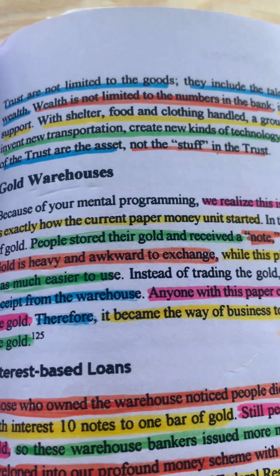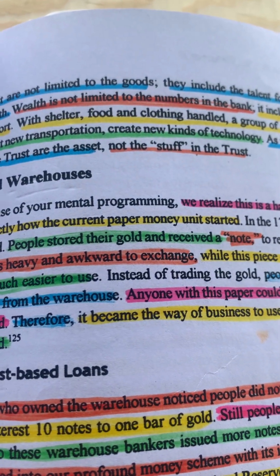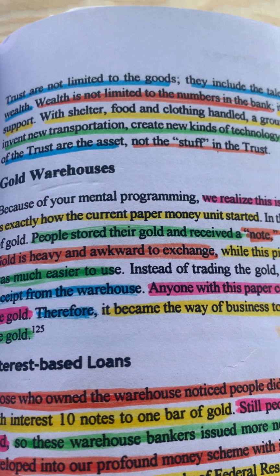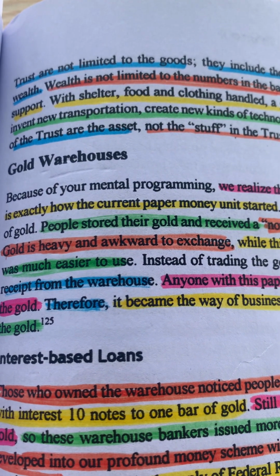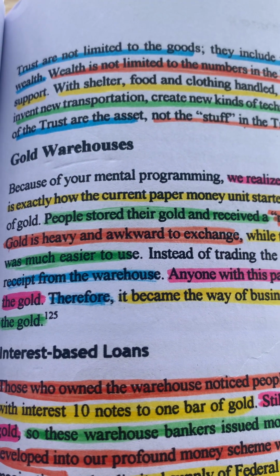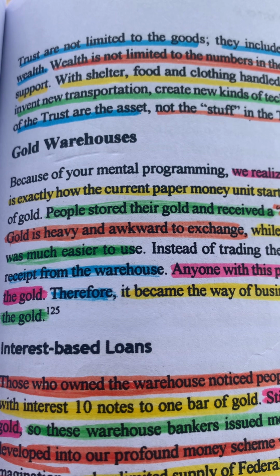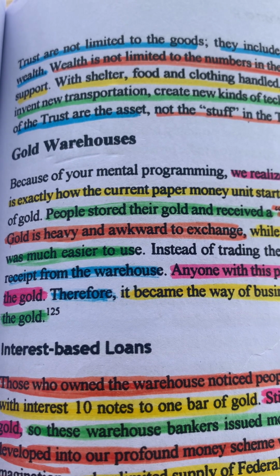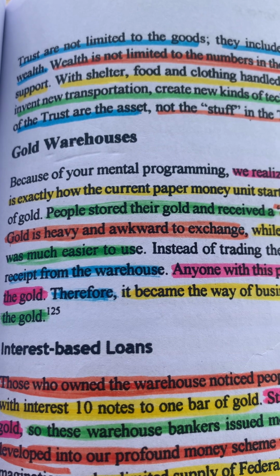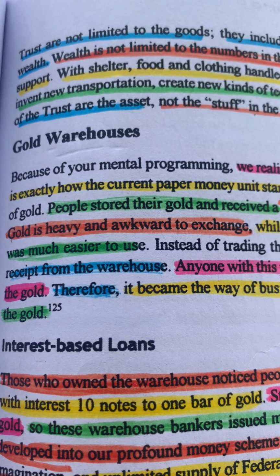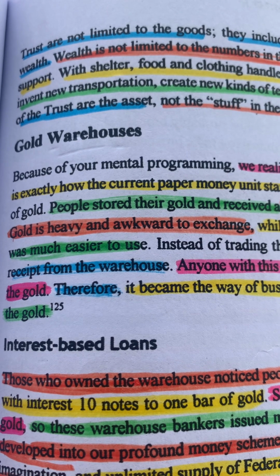Gold is heavy and awkward to exchange, while this piece of paper backed by the gold was much easier to use. So I don't know if you ever had a lot of coins in your pocket, but you sit down in the wrong place, all those coins disappear. You can only imagine walking around with gold, or having to have a sack full of gold, and it becomes heavy, and you're tired of dealing with it.